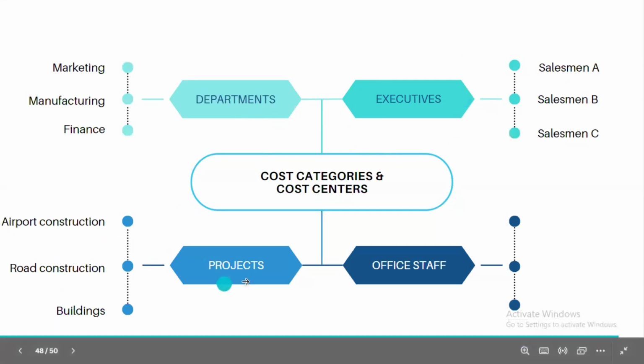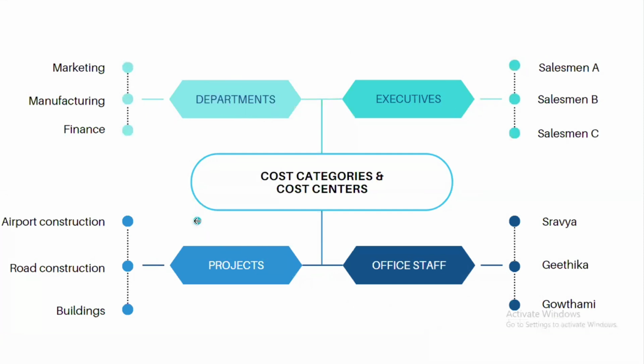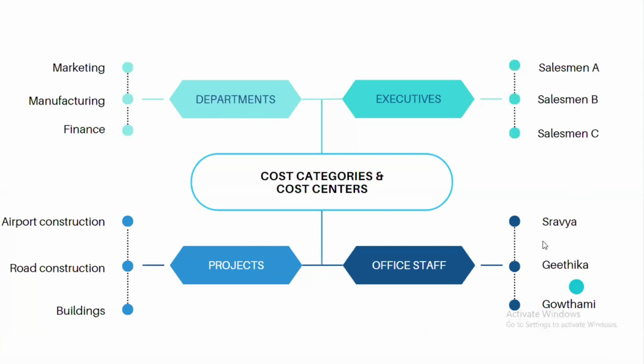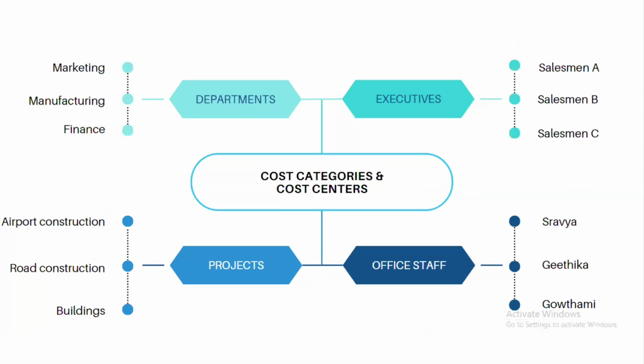In the office staff category, the employees come under it. We need to assign the cost for each category, and that cost is distributed among these cost centers. In this way we identify and track cost associated with a particular area of the business.